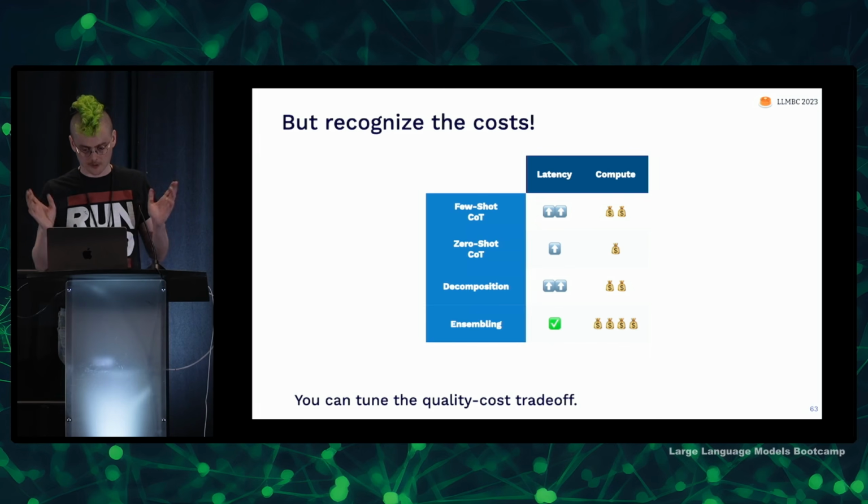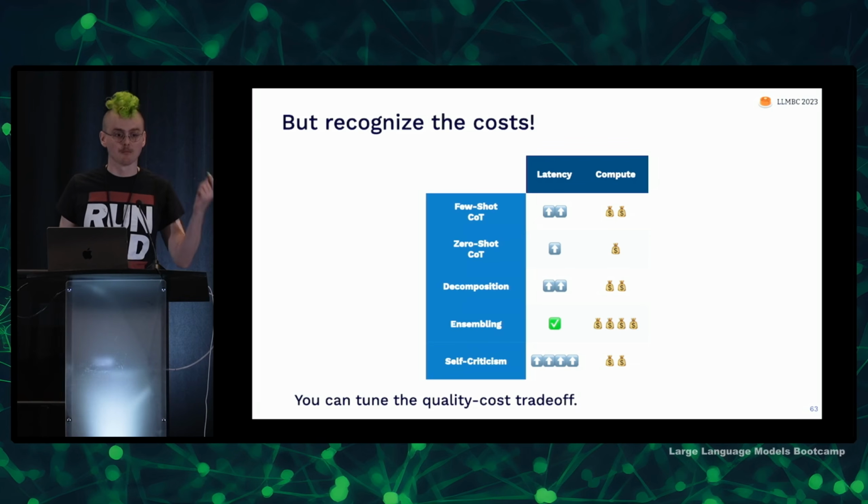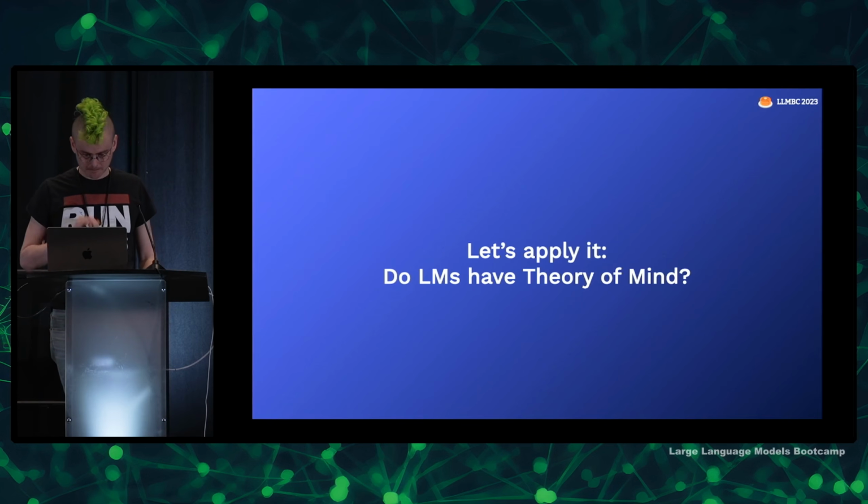It's a little more subtle if you're running the compute yourself, but it is generally going to linearly scale compute. Self-criticism is going to massively increase the latency because you're going to ask the model to fix its answer maybe multiple times, but it doesn't necessarily increase the compute costs as much as something like ensembling.